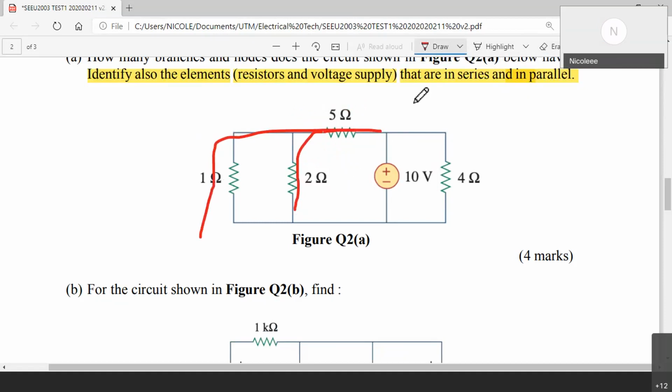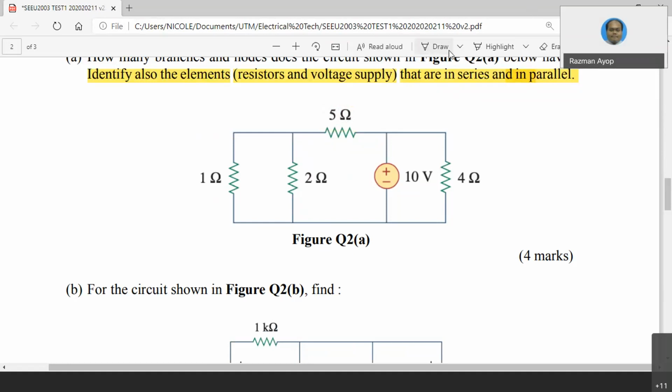Yes, correct. If this one is already calculated together, it is in series. Actually, it's still correct, but the question is not too complete. It should ask at the current state of the circuit, what is series and what is parallel.